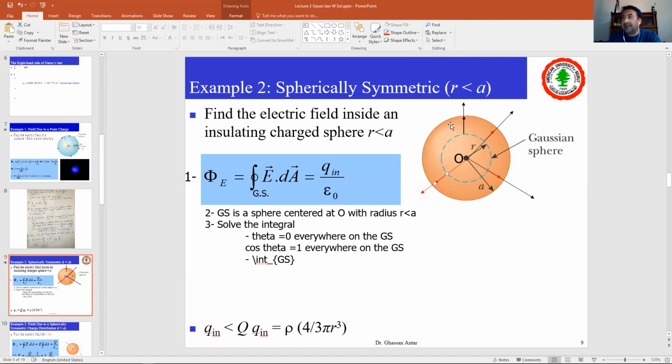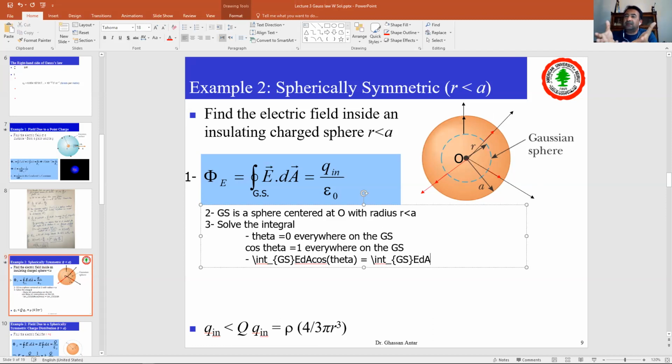So at any point, theta is equal to 0. And so the integral of E dA cosine theta is simply equal to the integral over my Gaussian surface of E dA.